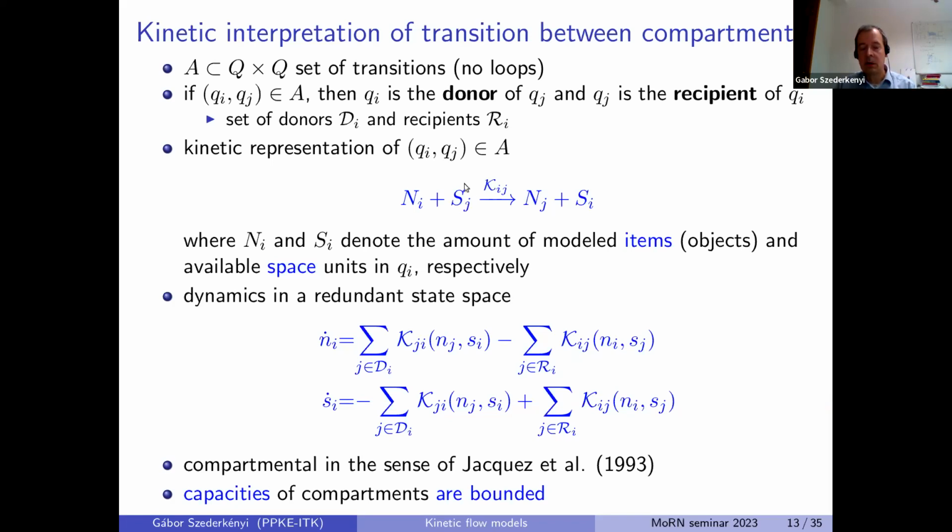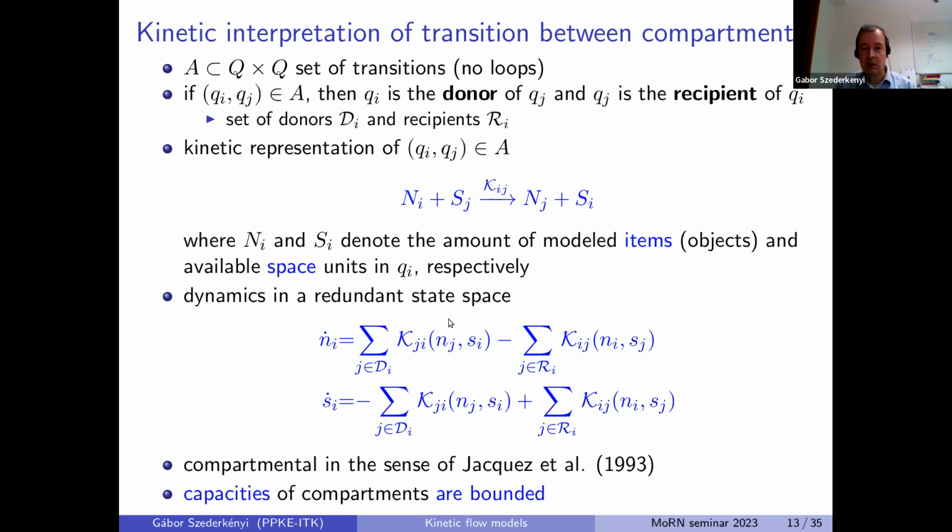One unit of space is consumed in the next compartment, and it is freed in the i-th compartment. So this is a kinetic model and can be written in a general kinetic form, where this calligraphic K denotes the reaction or transition rate between the compartments.